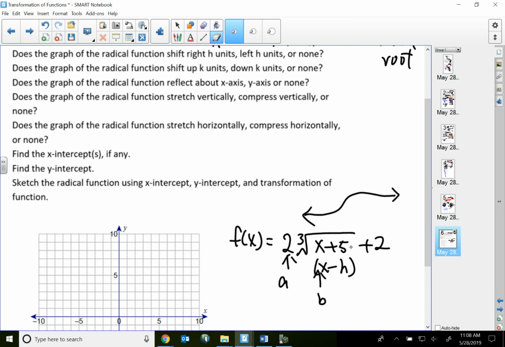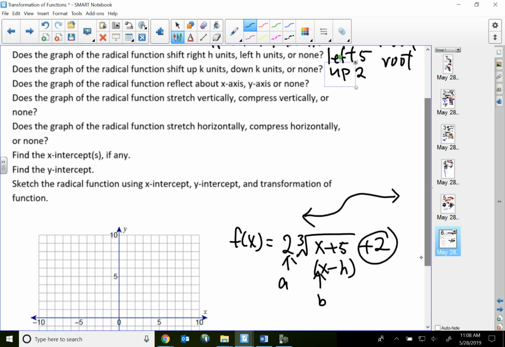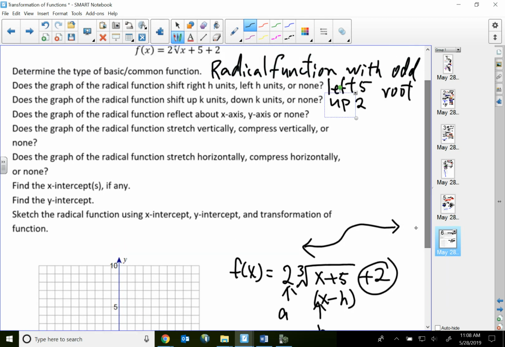Plus 5 here tells me I shifted to the left 5. Plus 2 out here means I shifted upward 2 places. I don't have any negatives. My a and b are not negative, so there's no negative in front of my function or in front of my x inside the cube root. So reflection is none.